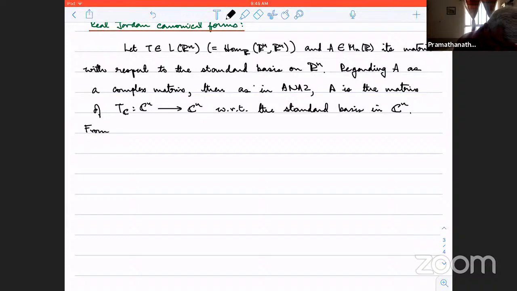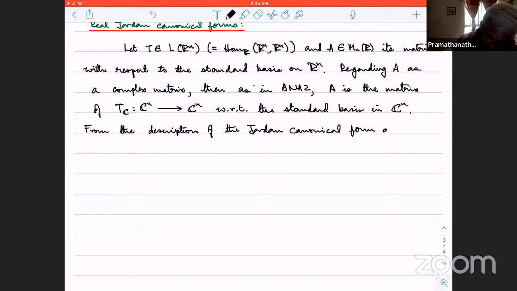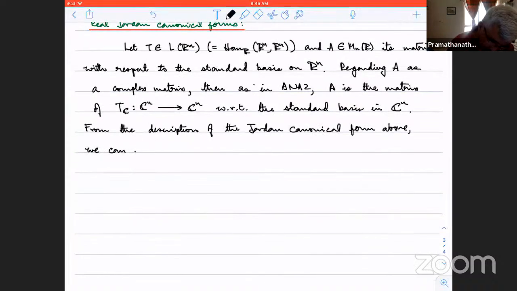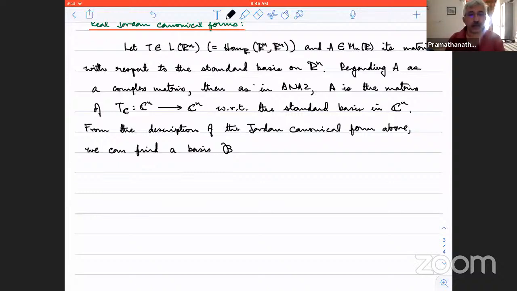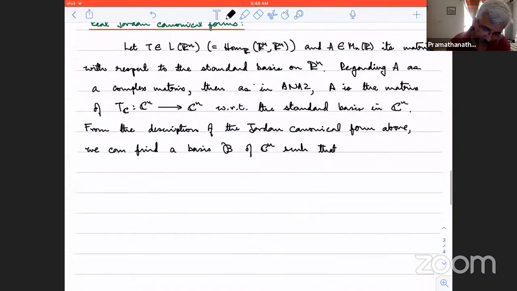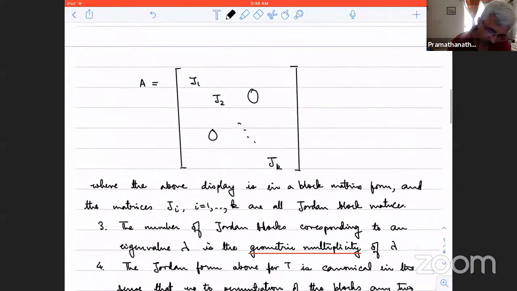From the description of the Jordan canonical form above, we can find a basis B of C^n such that T looks like star. Should we call it star?